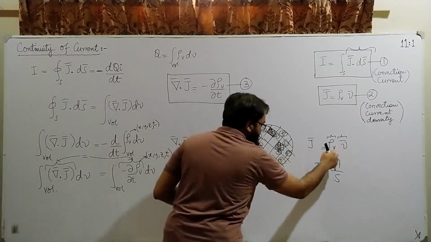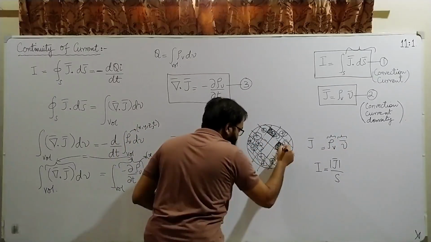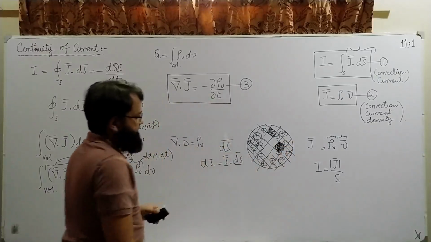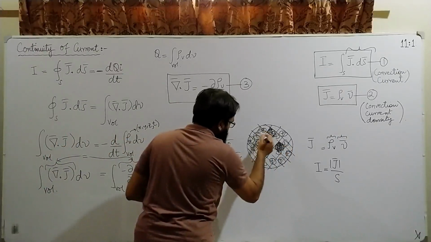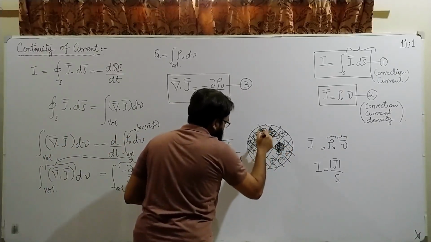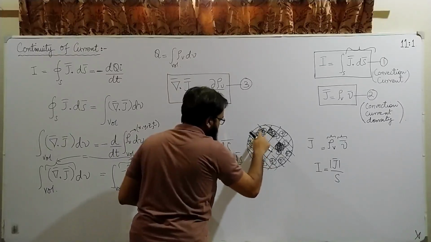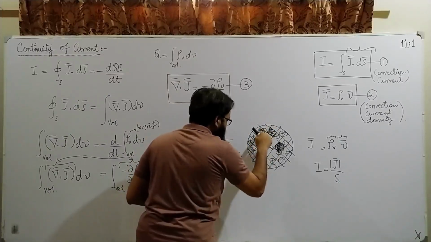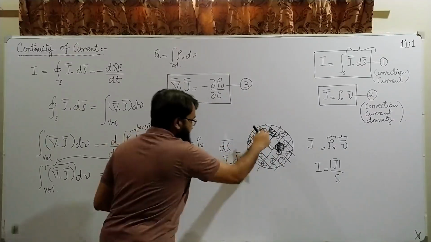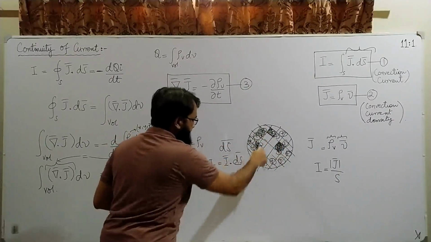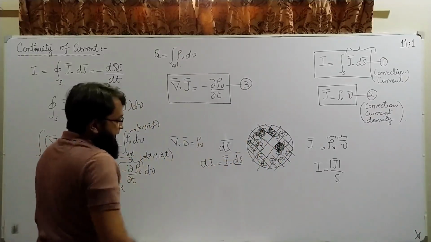Then the product of these two entities will give us the current density at this particular point. Similarly, for some other differential area, if we multiply the charge density at this point by the velocity with which it is moving, we'll get the current density at this point, and at all those differential points.